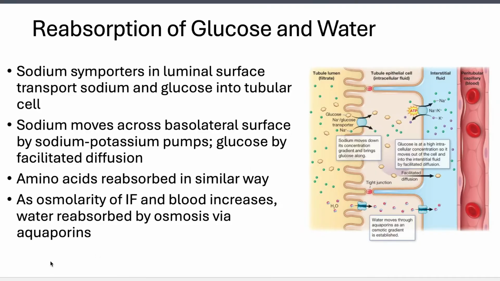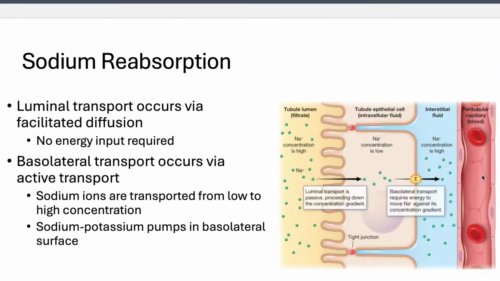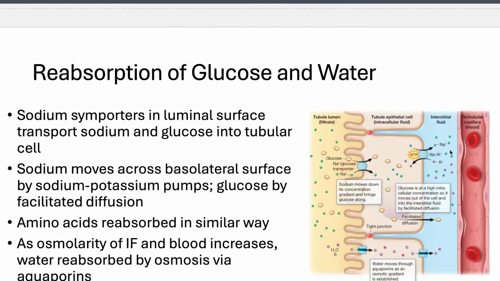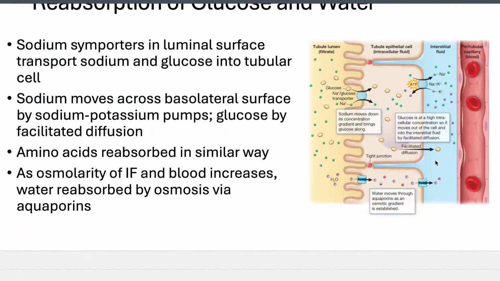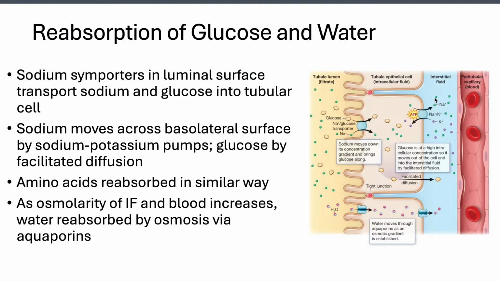All right, so now this part. As osmolarity of interstitial fluid and blood increases, right? Because from the slide above, we're going to make this area a high sodium concentration area because we have a sodium pump here. That's going to make this fluid and the peritubular capillary, aka the blood, have high osmolarity. It's going to have a lot of solutes in that area.